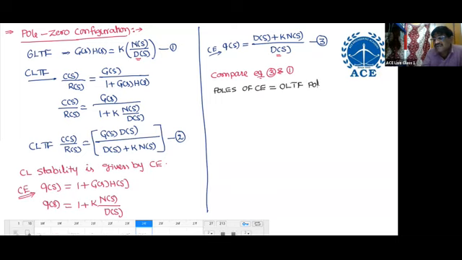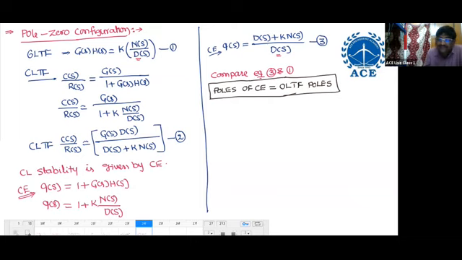So poles of the characteristic equation are equal to open loop transfer function poles.